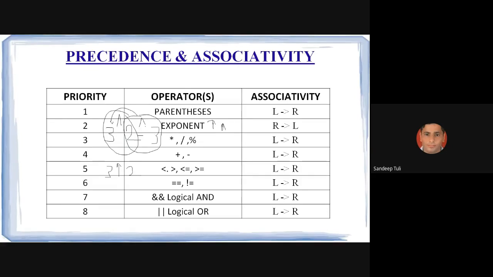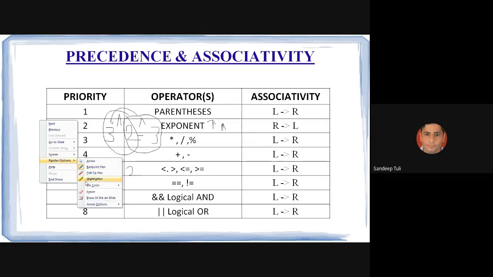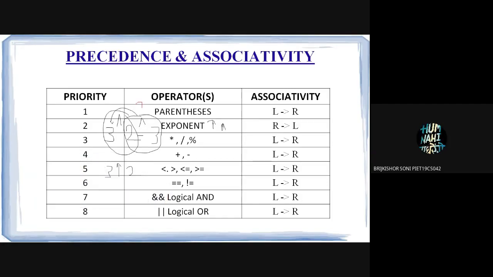First of all I calculate 2 to the power 3, which is 8, and then 3 to the power 8. So the result is actually 3 to the power 8. Are you getting it? Yes, sir. But if you use left to right, 3 to the power 2 is 9, and 9 to the power 3 is this.